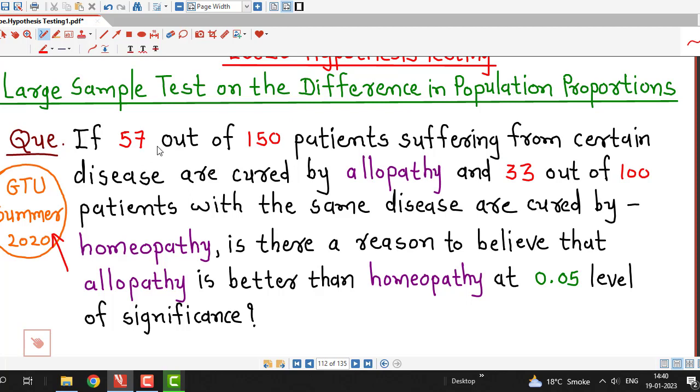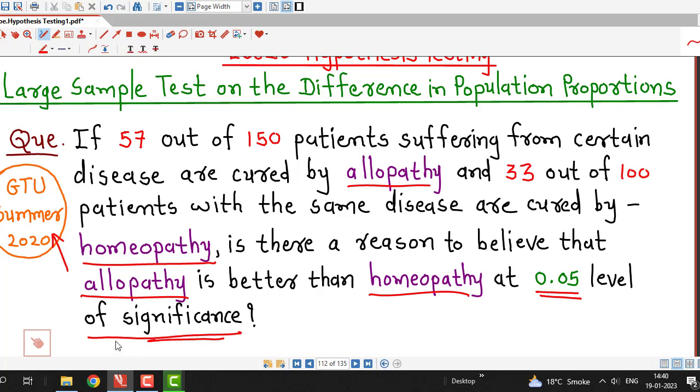If 57 out of 150 patients suffering from a certain disease are cured by allopathy and 33 out of 100 patients with the same disease are cured by homeopathy, is there a reason to believe that allopathy is better than homeopathy at 0.05 level of significance?